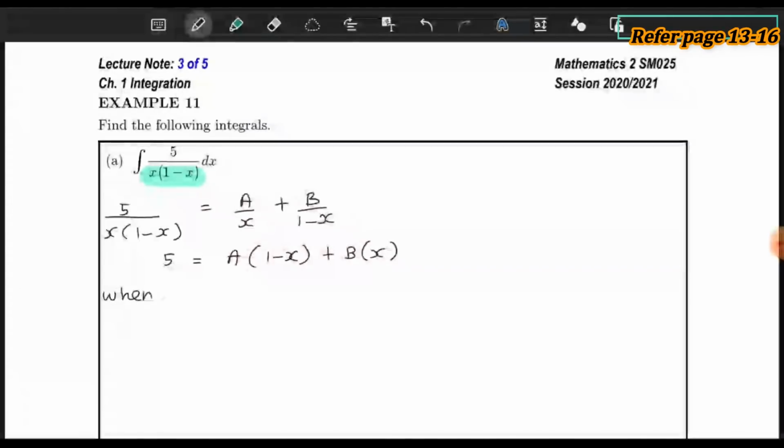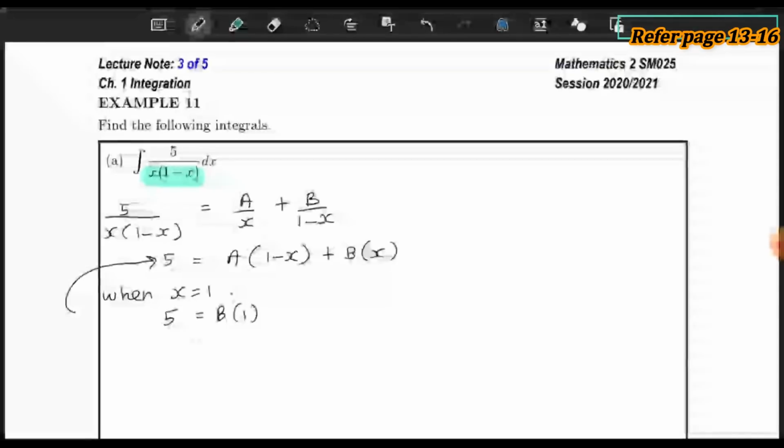When x equal to 1, we substitute into the equation. We have 5 equal to b times 1. Because 1 minus 1 is 0. A, automatically a times 0 will be 0. Therefore, b equal to 5.